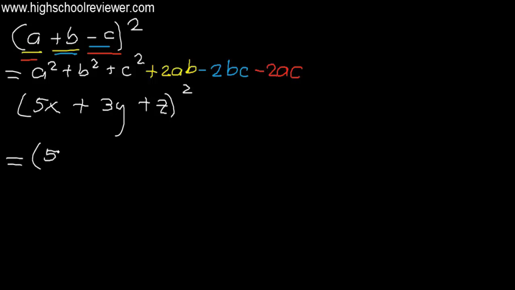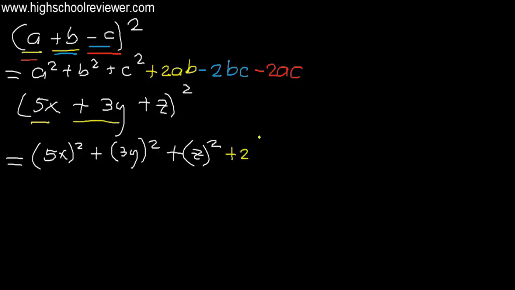We have here 5x squared plus 3y squared plus z squared. And then multiply by 2 the product of the first and the second term. We have positive multiplied by positive. This will be positive 2 multiplied by the first term 5x multiplied by the second term 3y.